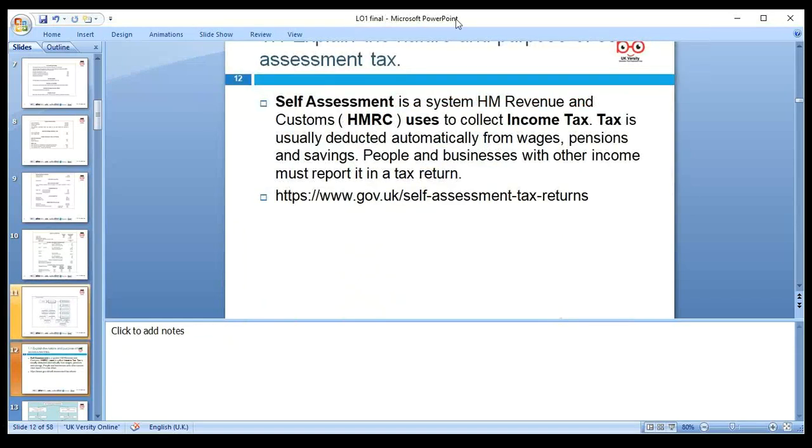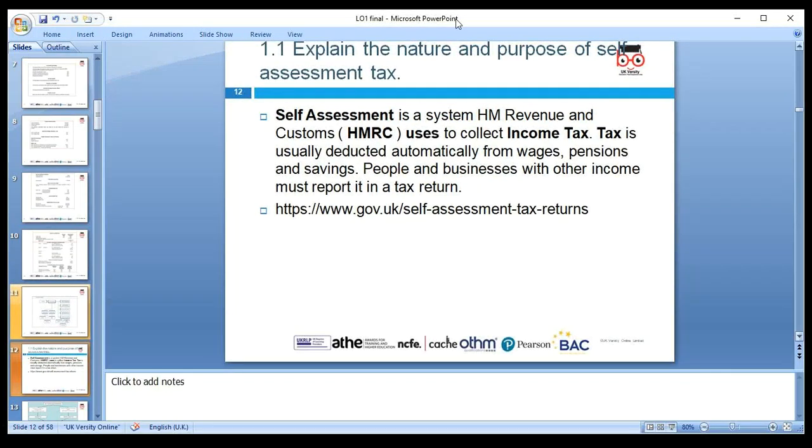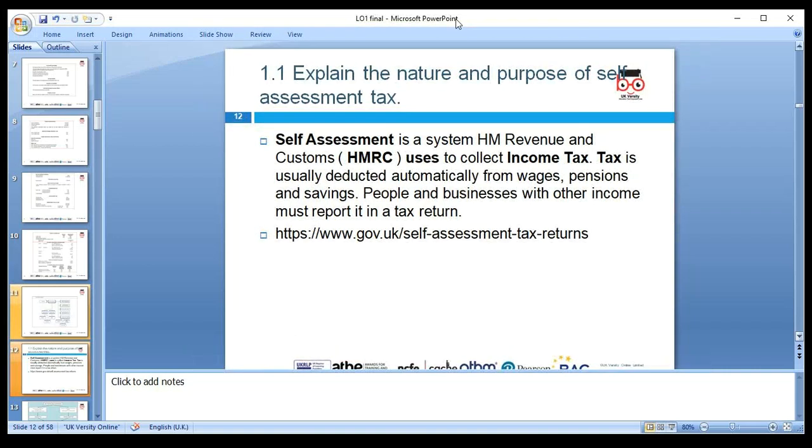Okay, self-assessment. So our first is explain the nature and the purpose of self-assessment. Why self-assessment? Why do we do self-assessment? So self-assessment is a system HMRC uses to collect income tax. Tax is usually deducted automatically from wages, pension, and savings, and people and businesses and others must report it in the tax return.